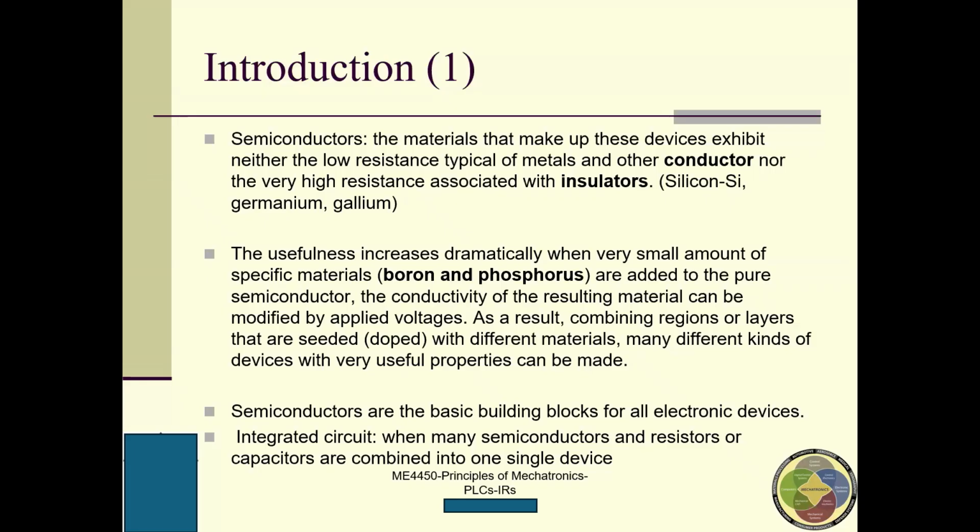The conductivity of the resulting material can be modified by applied voltages. Combining regions or layers that are doped, doping means you are adding something special to enhance the performance of the whole material, with different materials, many different kinds of devices with very useful properties can be made.